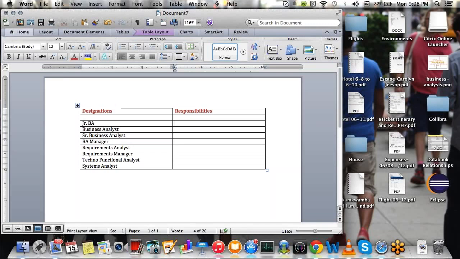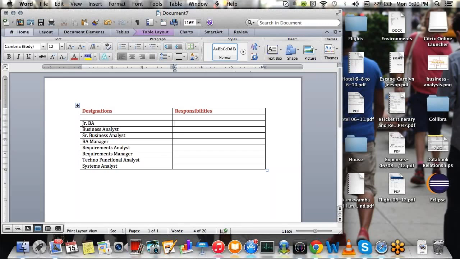Probably not, right? We don't take any calculated risks here. So we don't even encourage our junior analysts to do any requirements gathering or project documentation or project related discussions.